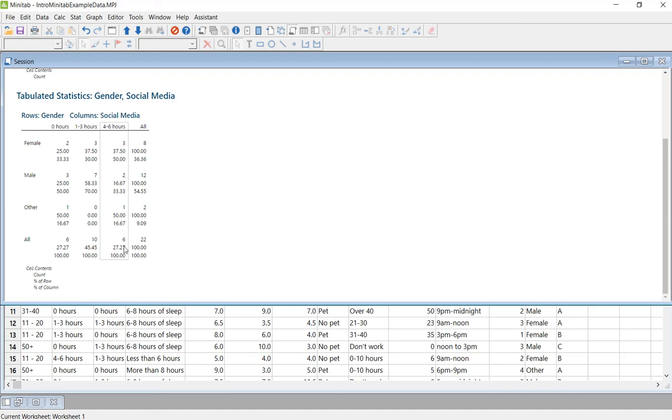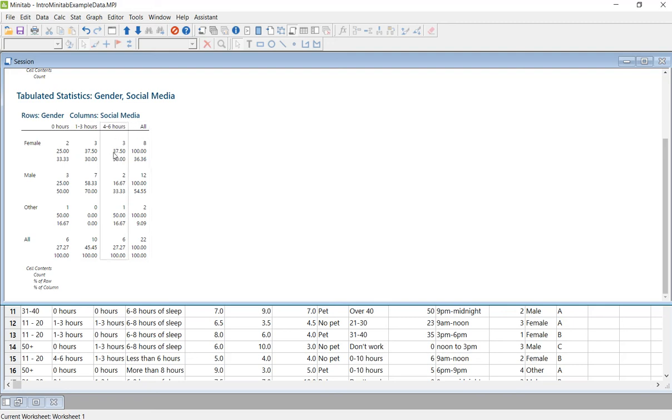So that's one way. Out of the people who are spending 4 to 6 hours on social media, yes, proportionately there are more women. But what if you looked at it in terms of the total number of females versus males versus other? Then you would say, well, out of all the females, only 37.5% are spending 4 to 6 hours.